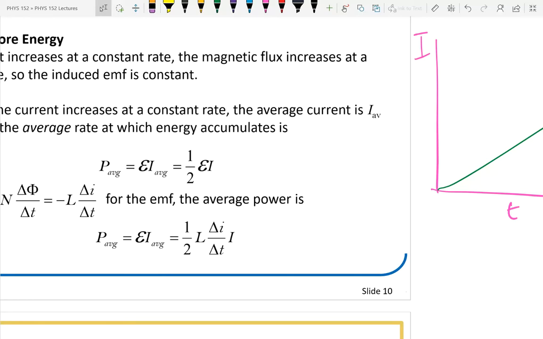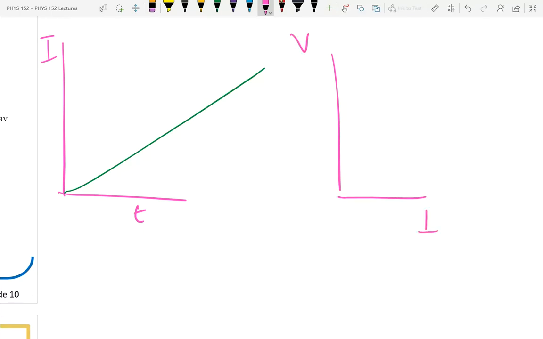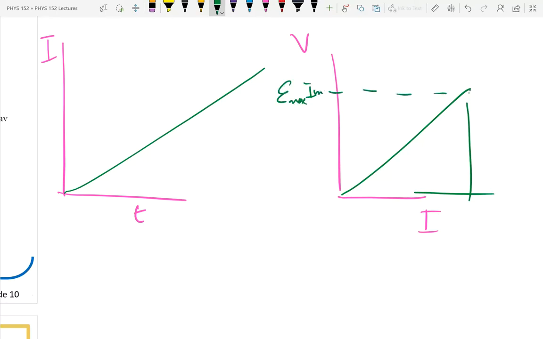Or, well, if that's the case, let me just show you. If you do the voltage versus current, that graph also looks like this. And so this here is adding up all of the voltage and current necessary to get there.